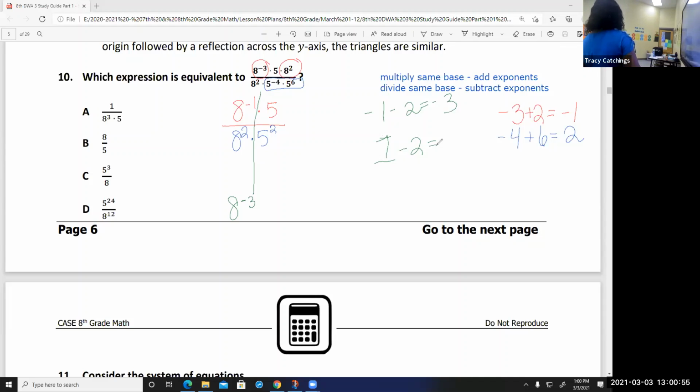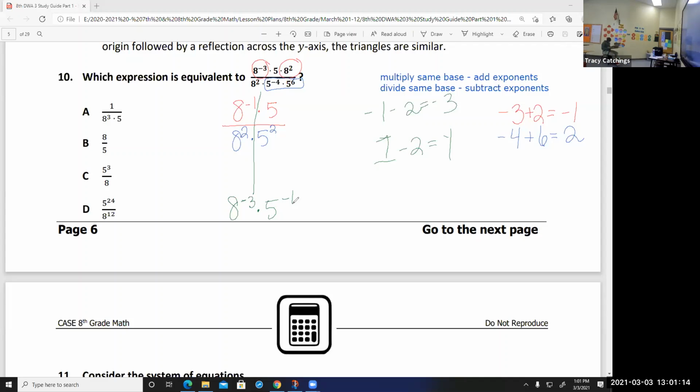One minus 2. You probably did 5. Is it negative? It is. 5 to the negative 1.